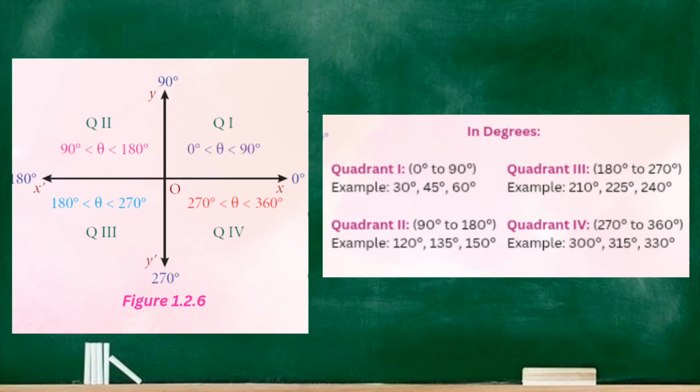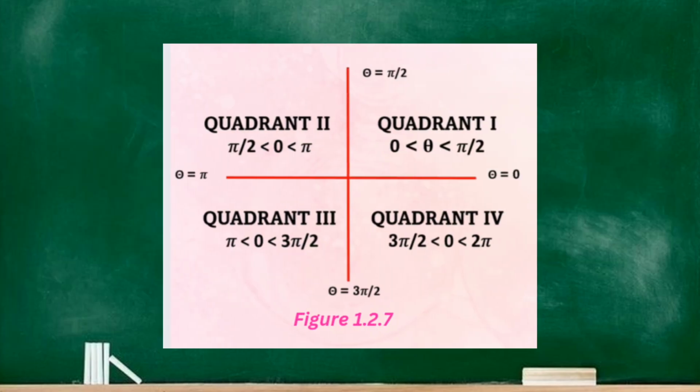Examples are 120 degrees, 135 degrees, and 150 degrees. In quadrant 3, we have 180 degrees to 270 degrees. Examples are 210 degrees, 225 degrees, and 240 degrees. In quadrant 4, we have 270 degrees to 360 degrees. Examples are 300 degrees, 315 degrees, and 330 degrees. In figure 127, this is in radians.